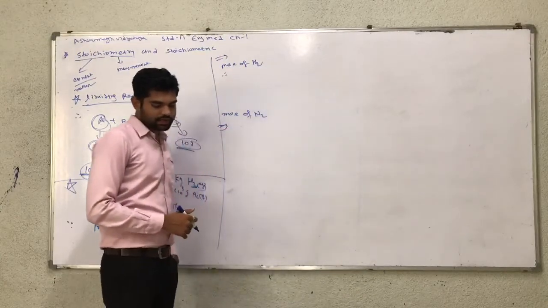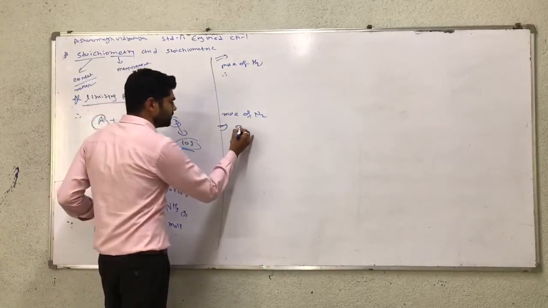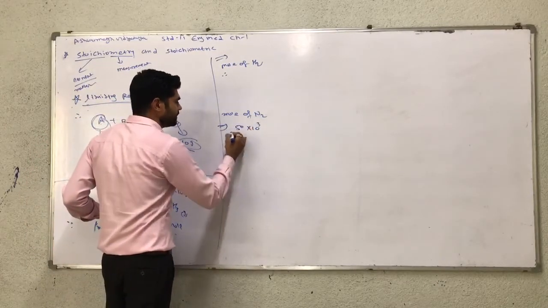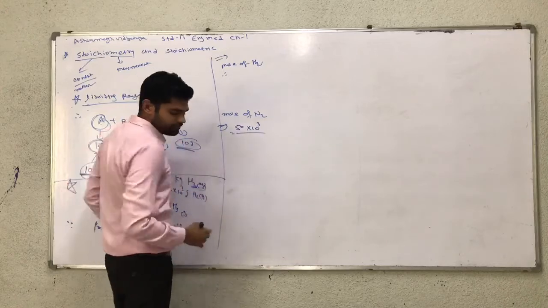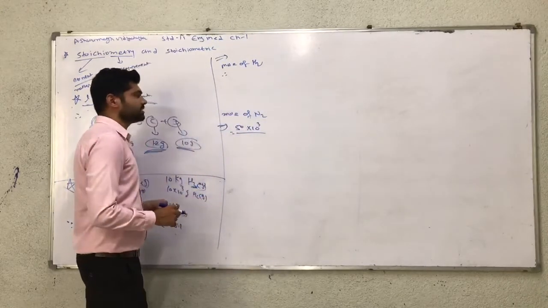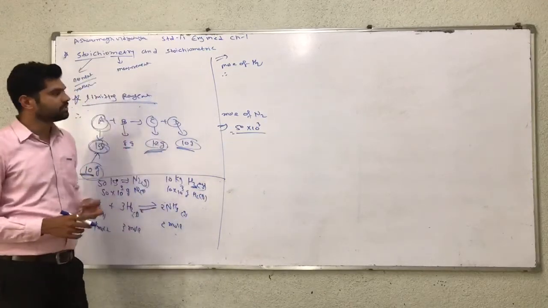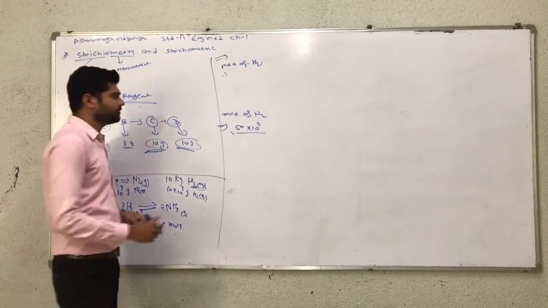So the given mass of N2 is 50,000, that is, 50 multiplied by 10 raised to 3, divided by the molecular mass of N2. N is equal to 14, so N2 is 28.